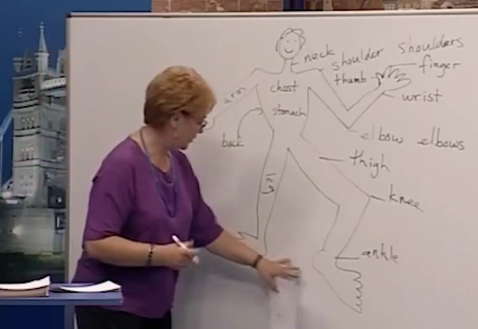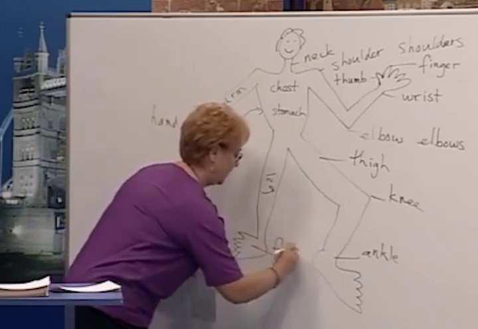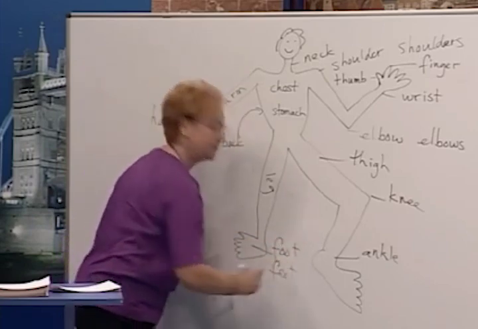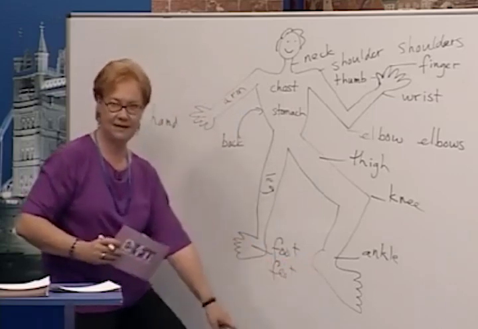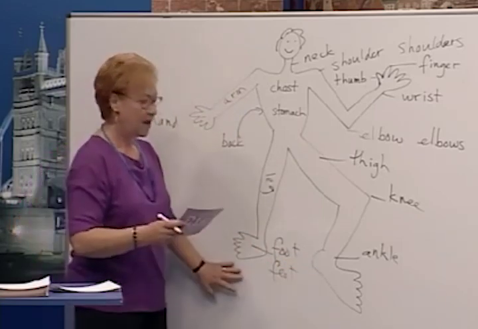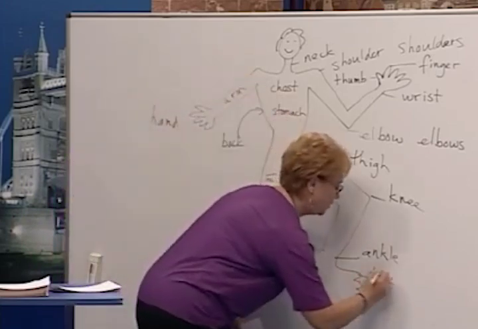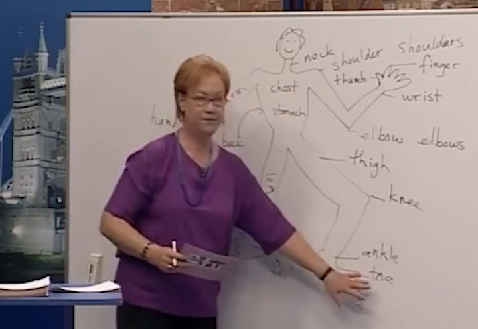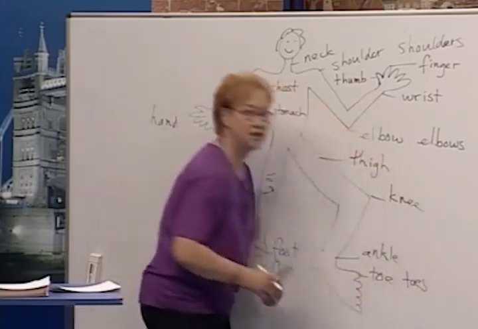And then finally we have the foot. This is one foot, two feet. It's like tooth and teeth. Foot and feet. And on the foot we have toe. Toe. Okay? Plural is toes. We have 10 toes.